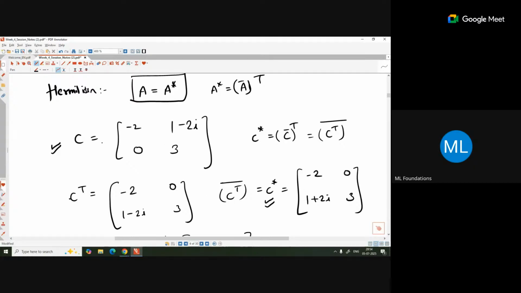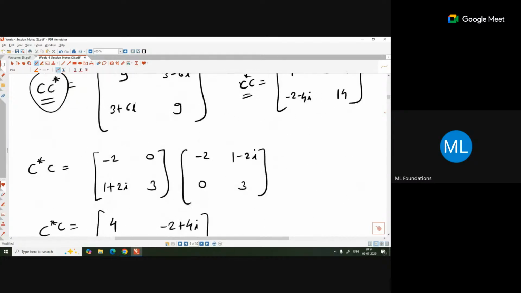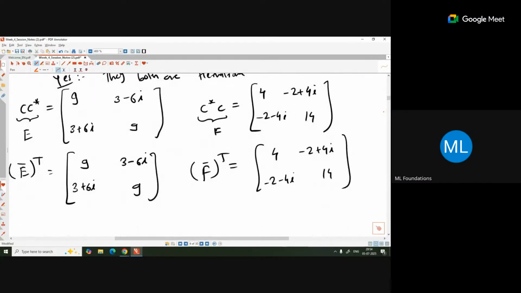You can see that they are not the same, and hence C is not Hermitian. And C star and C star C, they are Hermitian.